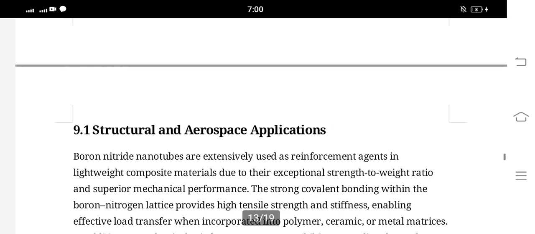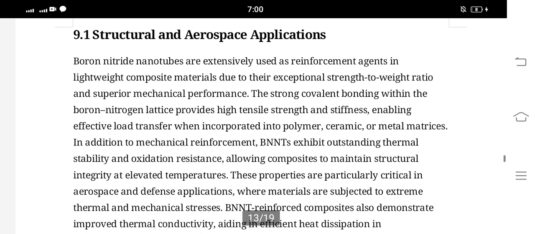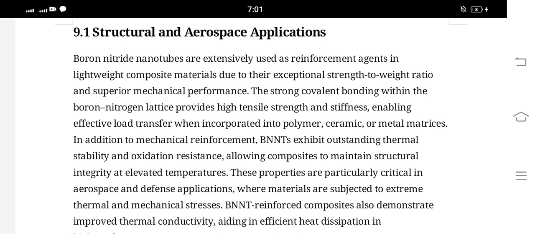First is structural and aerospace application. Boron nitride nanotubes are extensively used as reinforcement agents in lightweight composite materials due to their exceptional strength-to-weight ratio. The strong boron-nitrogen bonding provides high tensile strength and stiffness, enabling effective load transfer in polymer, ceramic, and metal matrices.